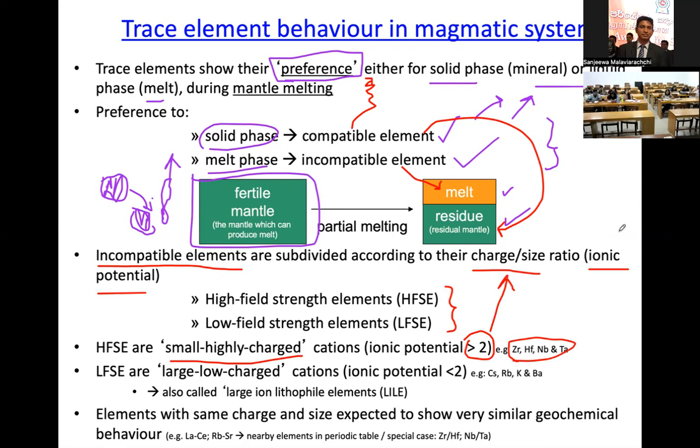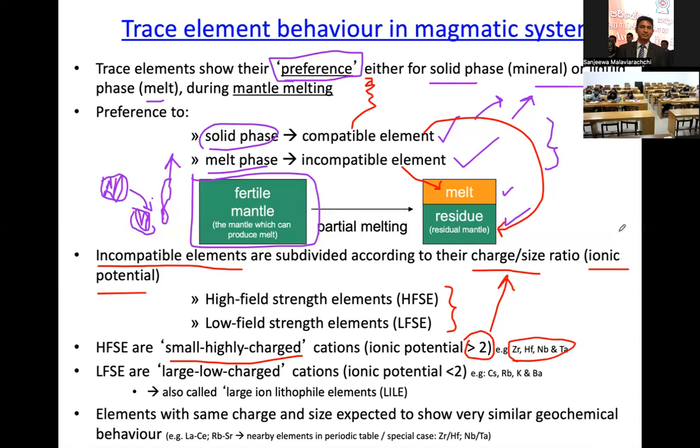And those which give less than 2, you can call them low field strength elements, or large but low charge. They are large, big, but their charge is small, because if this charge is big, then you are definitely getting a small value for this ratio. So for example, cesium, rubidium, barium like elements.